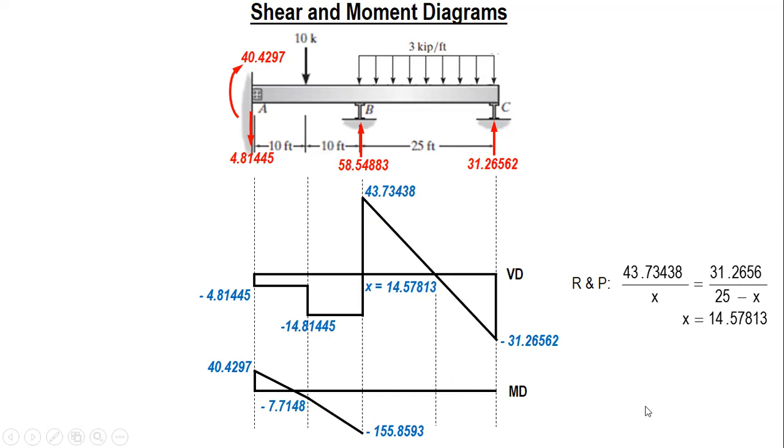The moment at this point is this one, 162.92344. And then after this, you subtract this area. Area of the triangle, 1/2 base. The base is 25 minus x, and then the height. Okay. So the diagram goes to zero, which means the values of the reactions are correct.